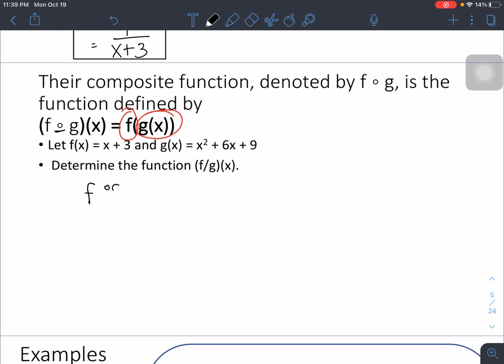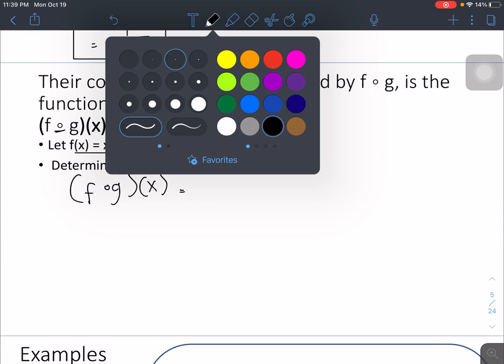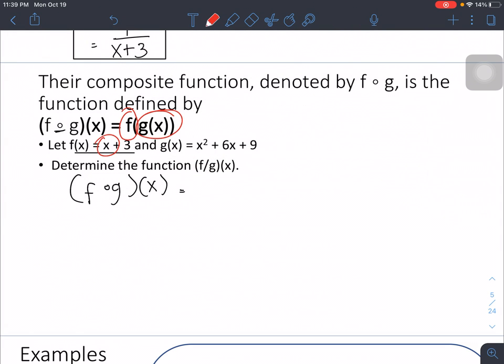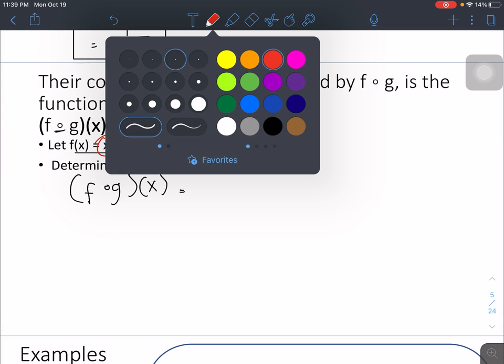So f composed of g of x is equal to, if we have here the f of x function, all the x's on this f of x function will be replaced by this g of x function. Since we only have one, we replace the x with the g of x function.